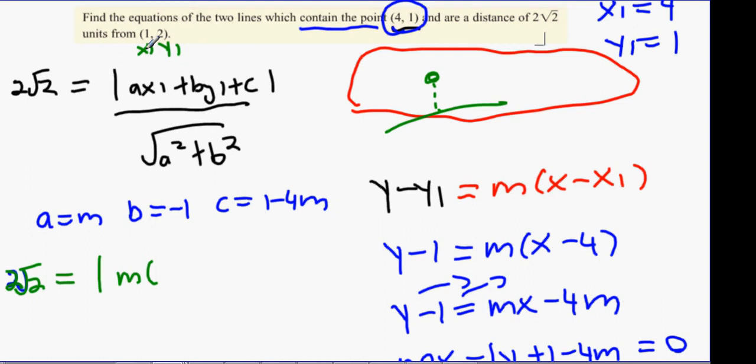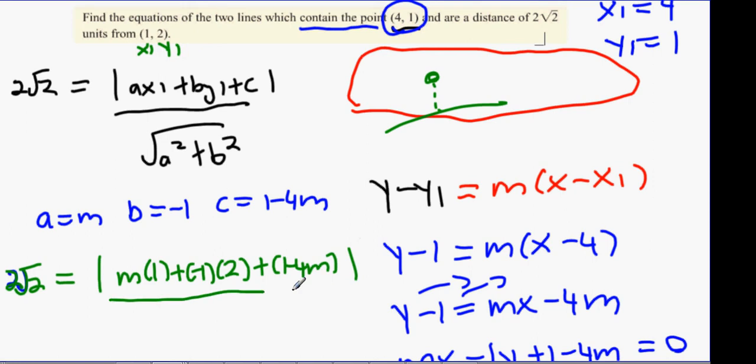It's the distance of the line to the point, and x1, y1 represents that point. So it's going to be m times 1, because that's it there, plus minus 1, which is the b value, times y1, which is 2, and then plus 1 minus 4m, which is the third part, close bracket.